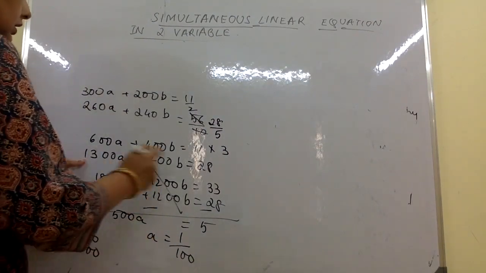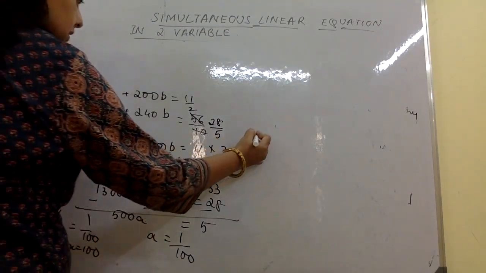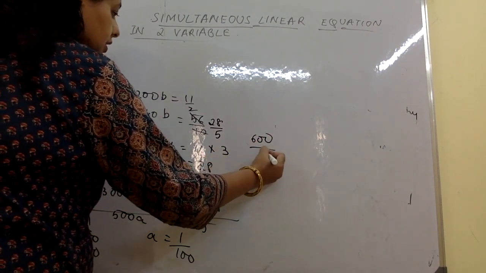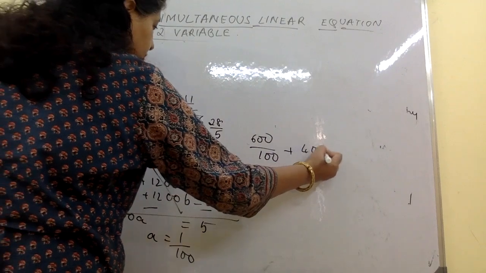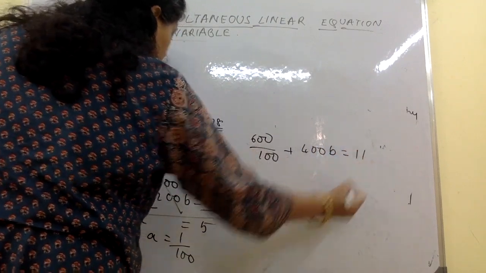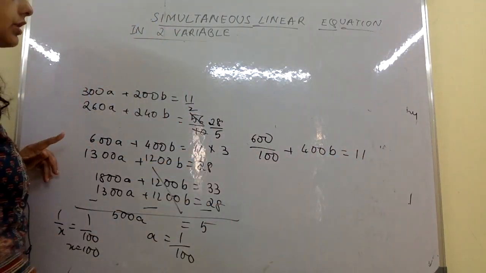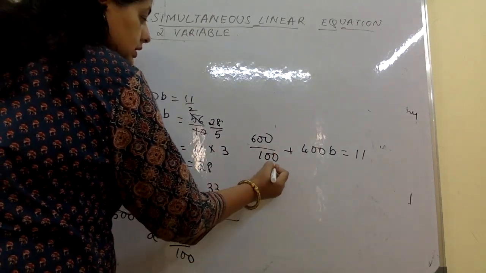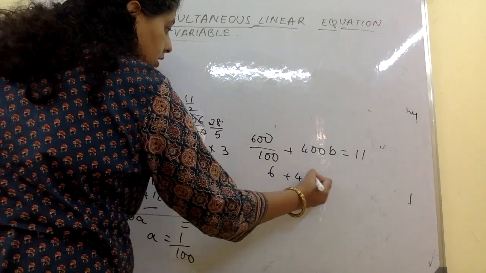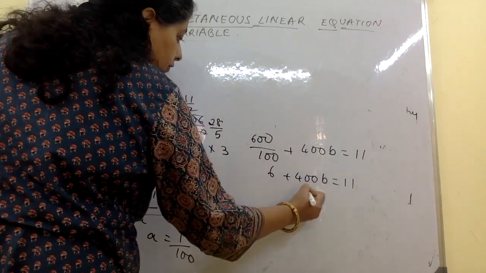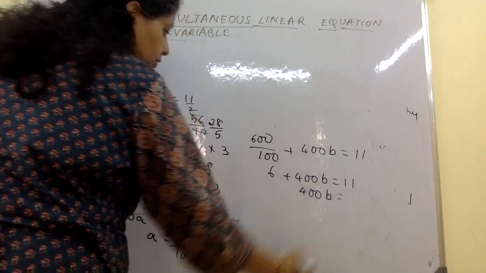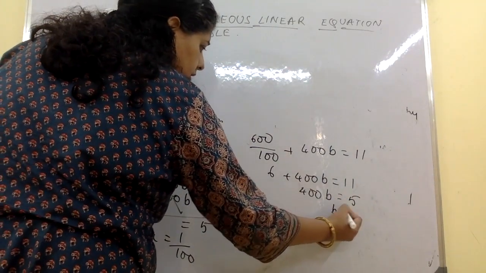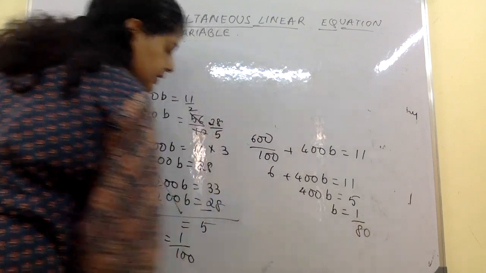Okay, I will take the simpler of the two equations and I will substitute. So here, 600, okay, a is 1 by 100, so 100 here, plus 400b is equal to 11. Don't take this 3, that is after multiplication we get it. So here, this is 6 plus 400b is equal to 11, 400b is equal to 5. Okay, b is equal to 1 by 80.